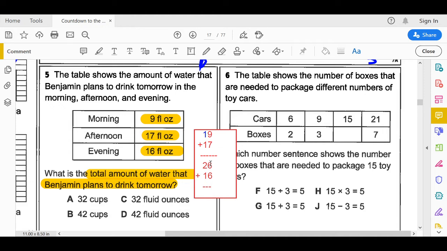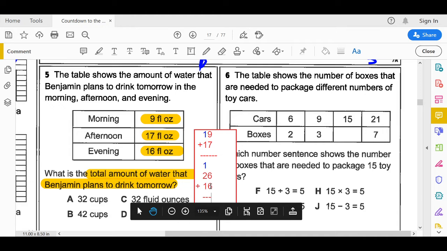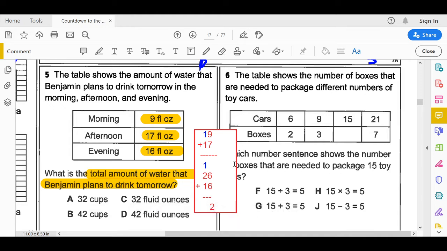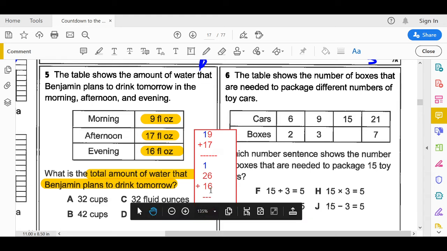So 6 plus 6 is 12. That is 2, and I'm going to make sure I carry 1 right here. Let me change the color again so you remember that I carried. In your paper, it should look like a box right there, inside a box. So 6 plus 6 is 12, so 2 and I carry 1. And then I add these numbers. 1 plus 2 is 3, plus 1 more is 4.